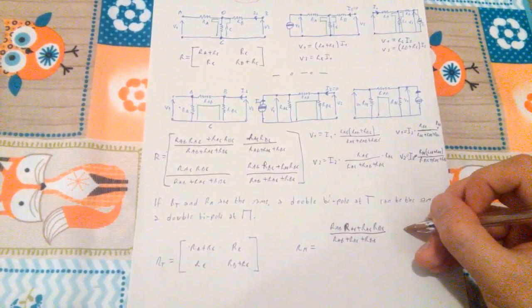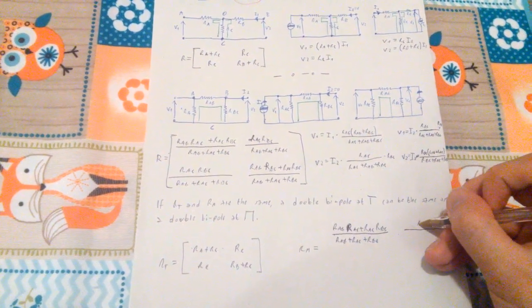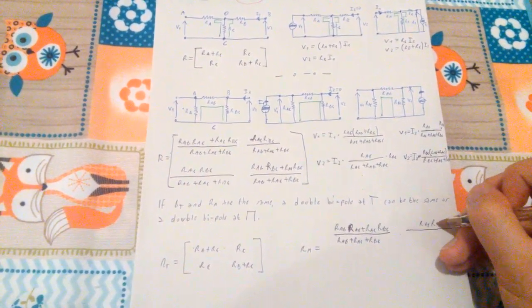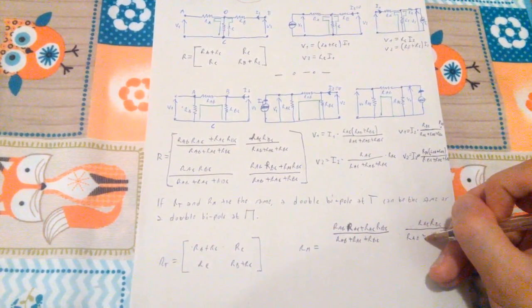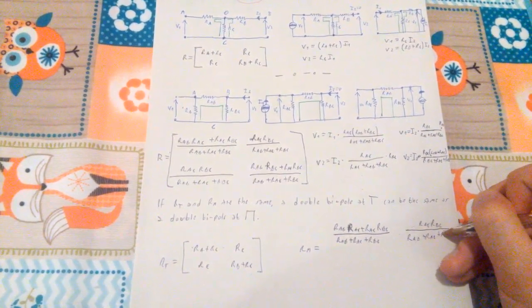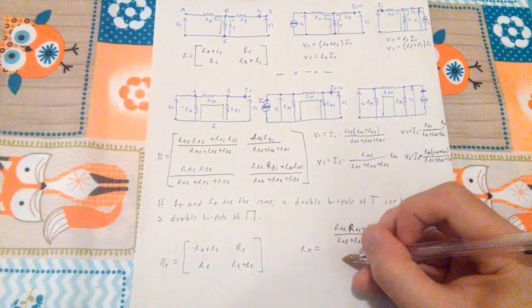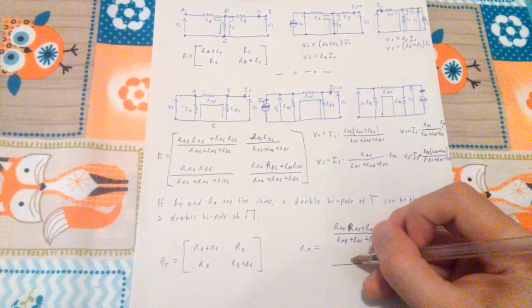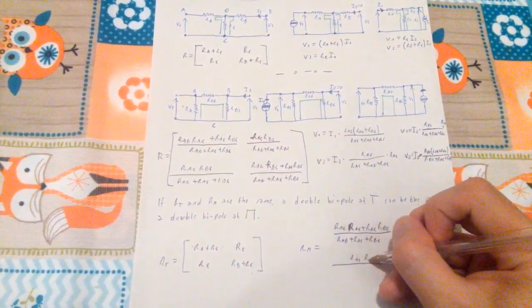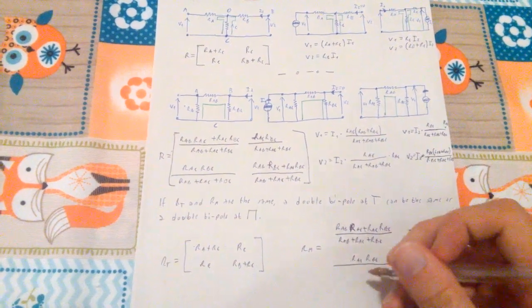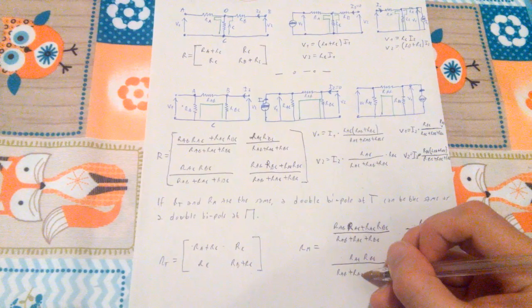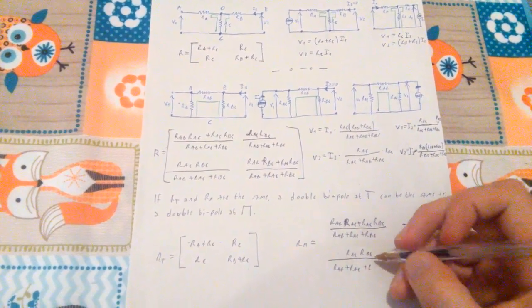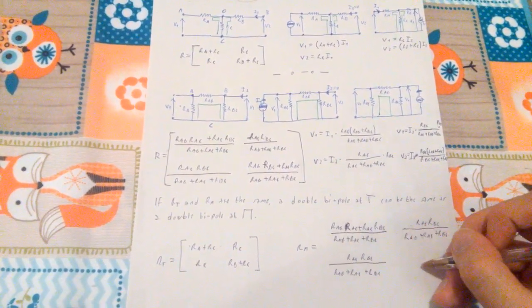And here we have RAC, RBC over RAB plus RAC plus RBC over RAC, RBC over RAB plus RAC plus RBC.